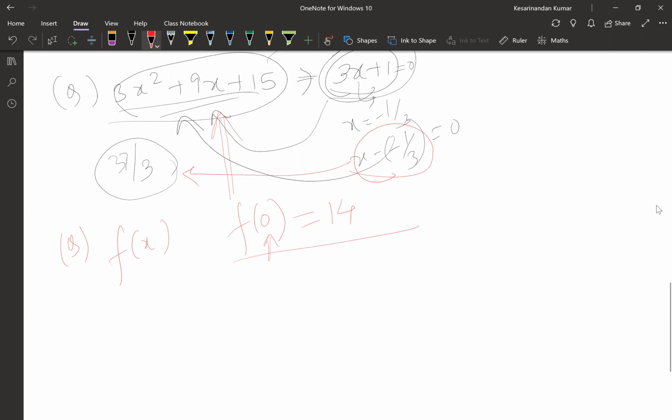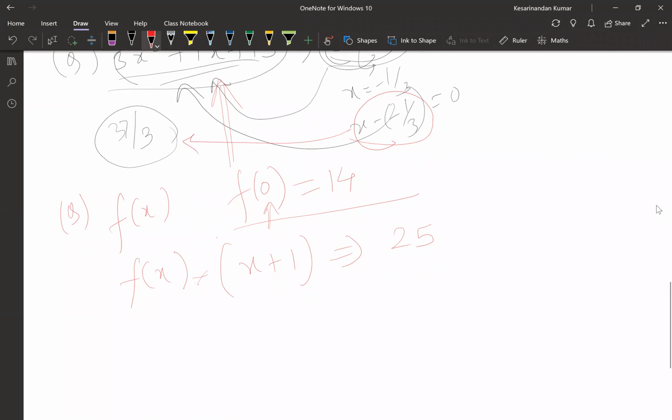Now, the remainder of f of x when it is divided by x plus 1 is 25, and when divided by x minus 2, the remainder is 10. These are the remainders when divided by this and this.